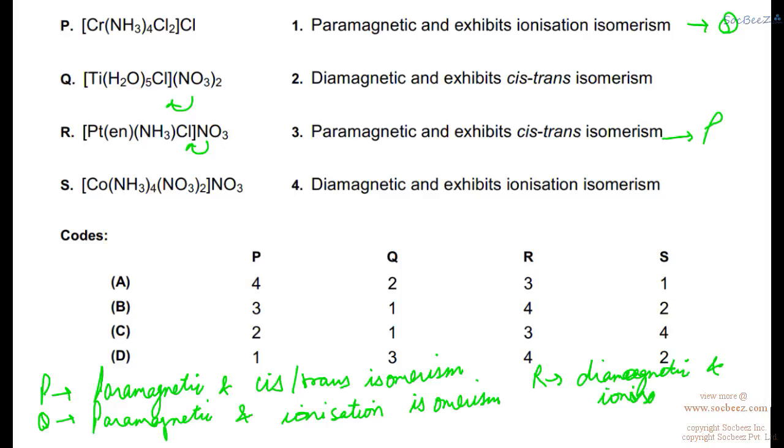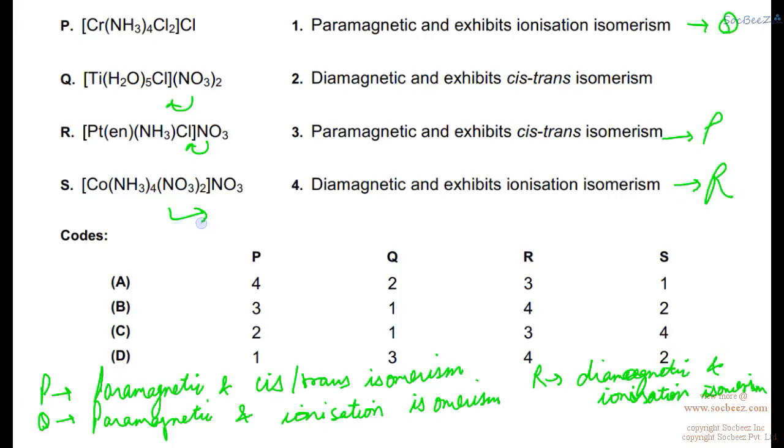So here it is diamagnetic and exhibits ionization isomerism.